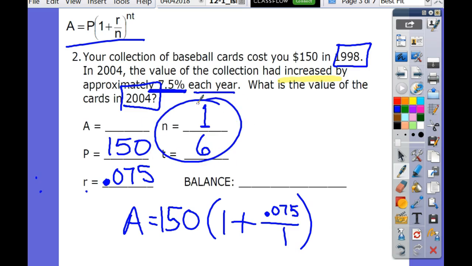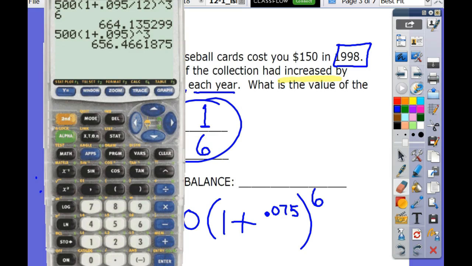What do I get when I multiply those two numbers together? Oh, you're a step ahead of me. Now, this is 0.075 divided by 1. If I divide it by 1, is that going to change the 0.075? So do I really need to divide by 1? Not really.